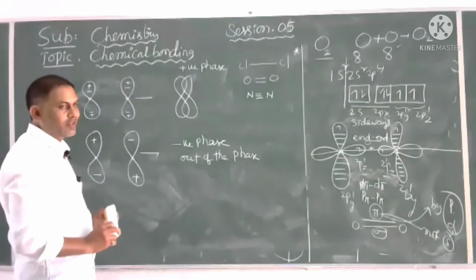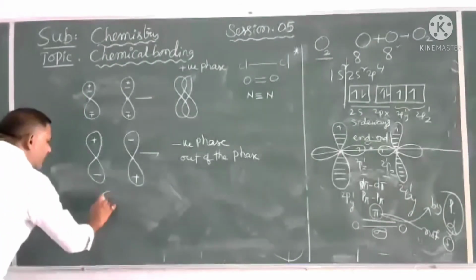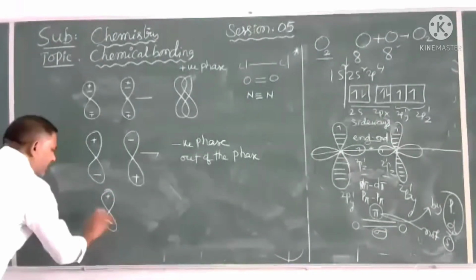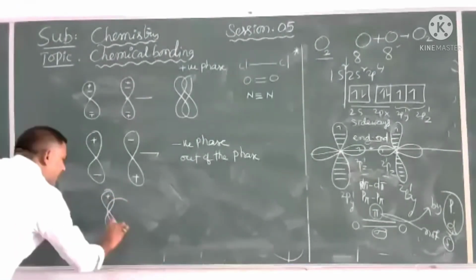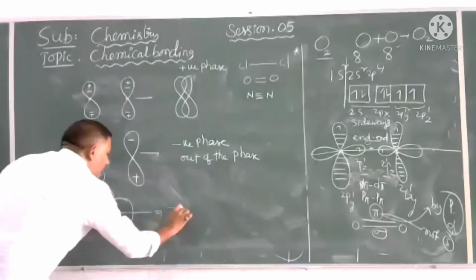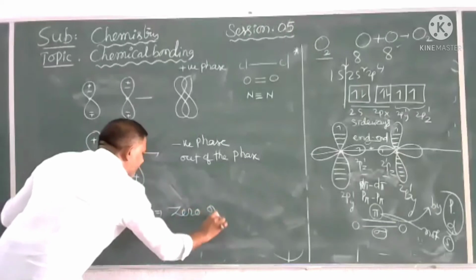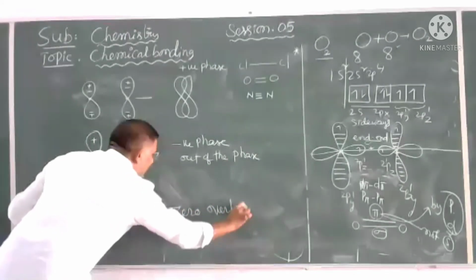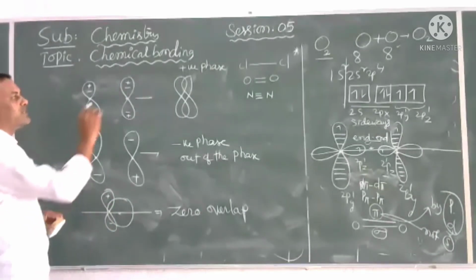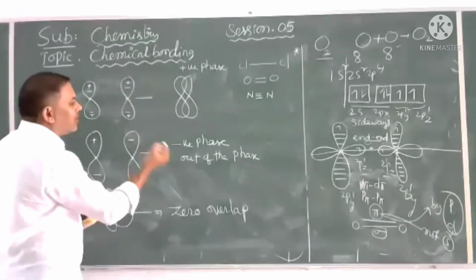Zero overlaps are there. For example, a p orbital with positive and negative lobes overlapping with an s orbital like this is called zero overlap. So some are positive phases and some are negative phases.